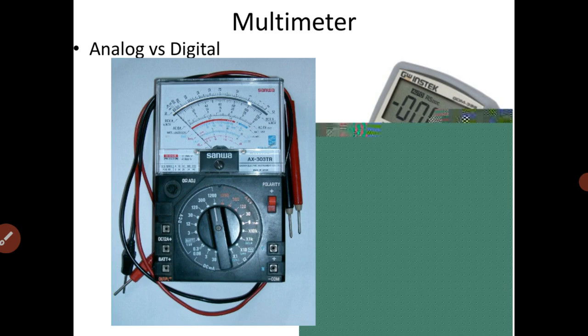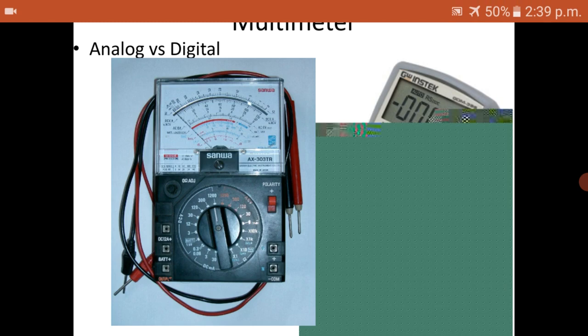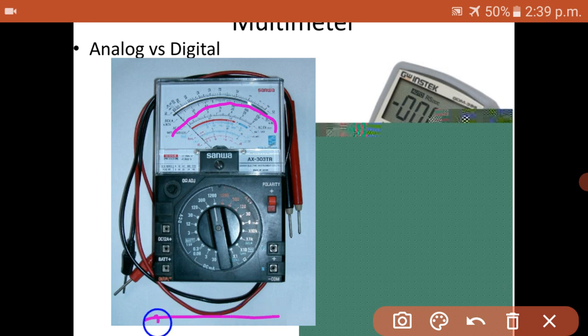Next is the multimeter. Multimeters are of two types, analog and digital. What is the difference between analog and digital? In analog, we have to take the readings by using the needle. Here in the first image, you can see there is a needle and the readings are given on the scale like this.